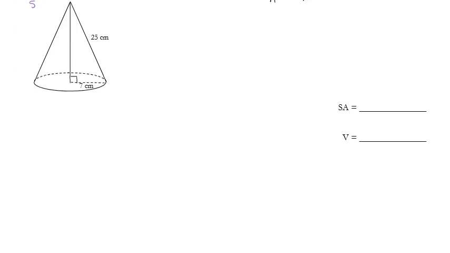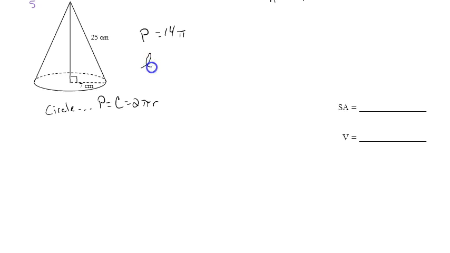For a cone, the idea is the same, it's just a different base. I'm still going to have to find my perimeter of my base, but my base is a circle, so the perimeter is going to be the circumference, which is 2 times pi times my radius. Radius is 7. 7 times 2, I get 14 pi centimeters.